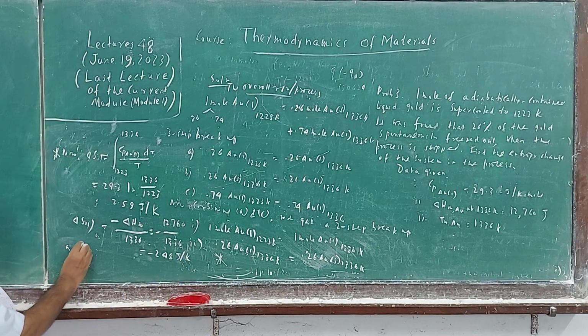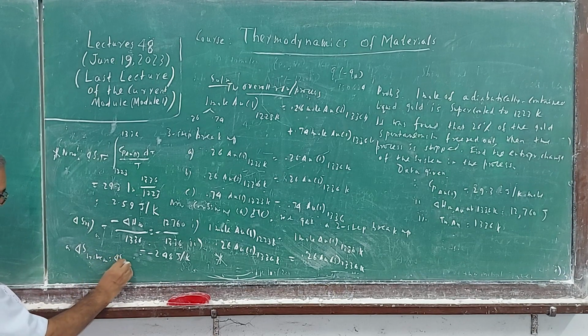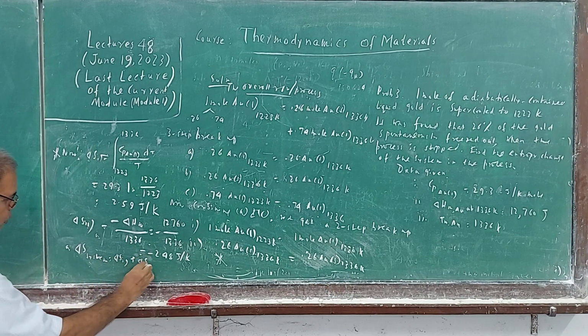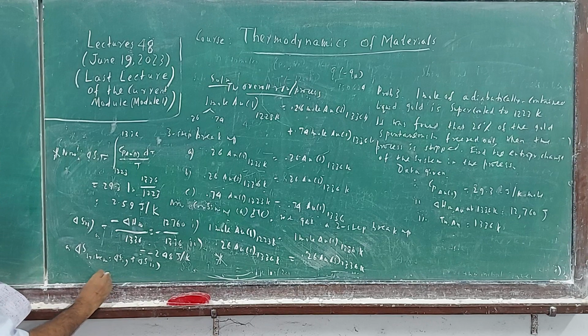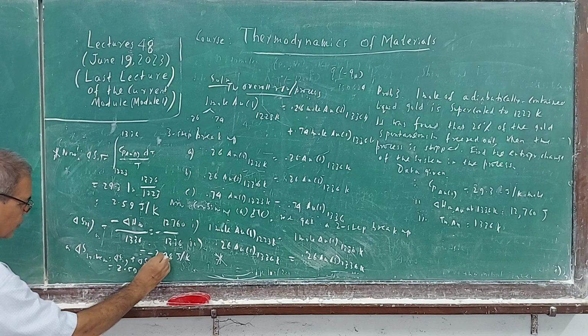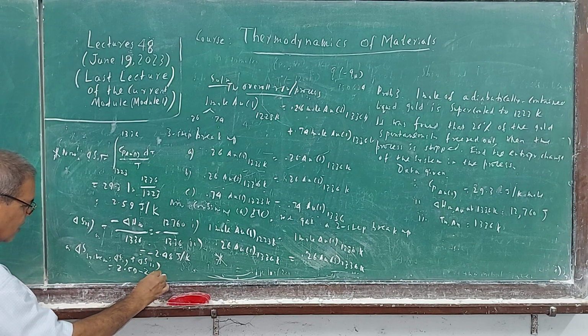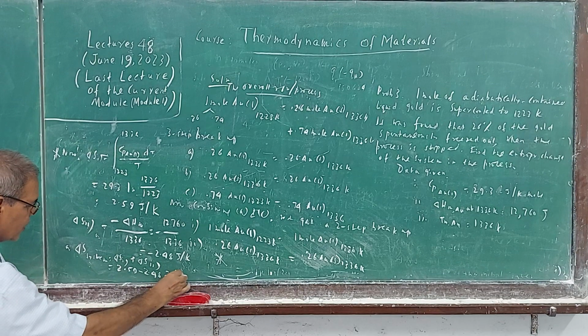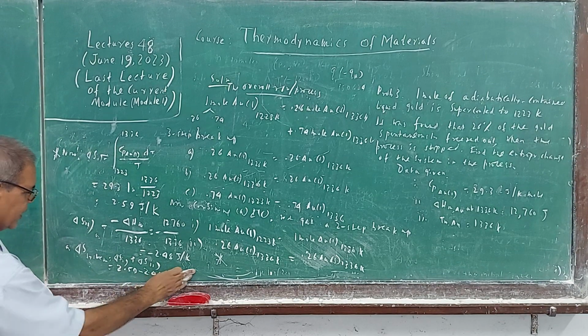Delta S total, delta S system for the process, is delta S1 plus delta S2, which is 2.59 minus 2.48. How much is it?